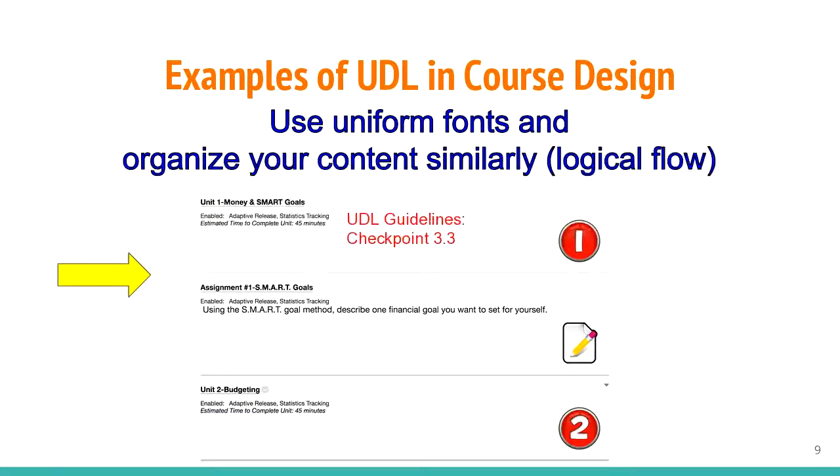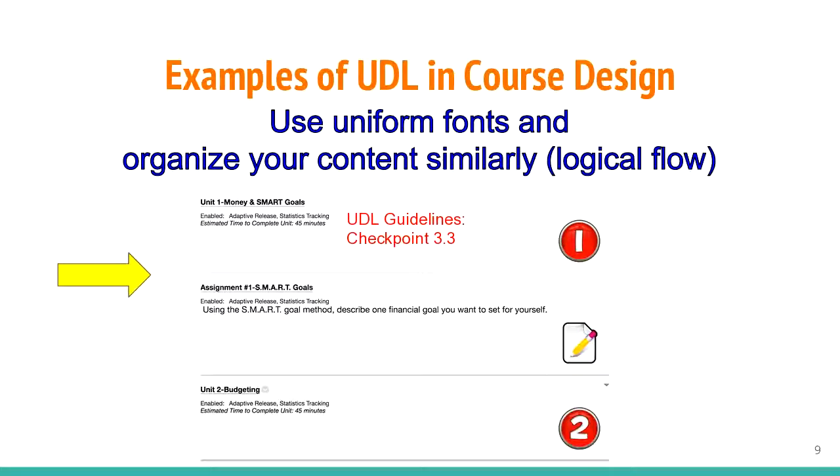The next example is how you are setting up the actual design of your course. Does it look clean? Is it organized? Does it have that logical flow? We all know that when we get emails from students saying, I can't find this, I can't find that, this is probably because your course design is not set up in a way which is understandable to your participants.